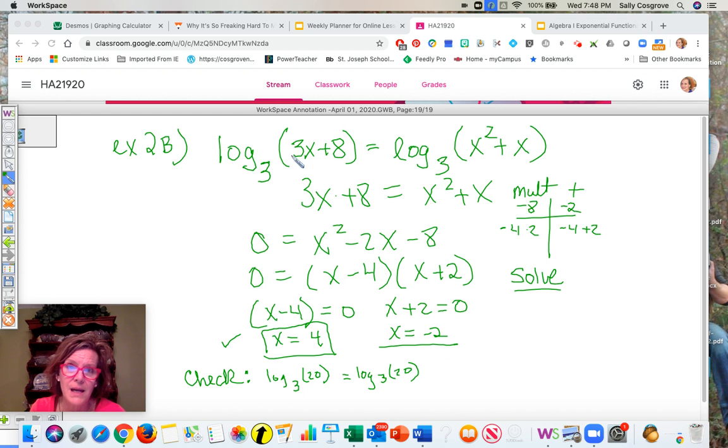So let's plug in -2. 3 times -2 is -6, and -6 plus 8 is 2. So on this side, we've got log base 3 of 2. Let's see what we have on this side. We take -2 and square it. -2 squared is 4. 4 plus -2 is, guess what? 2.